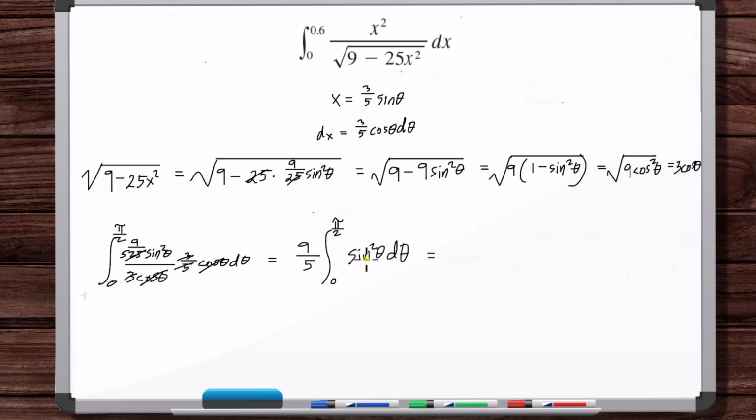Now we know how to solve if we have a sine by itself or a cosine by itself to any power. If the power is even, we use the half angle identity, I think they call it. So this is 1/2 times 1 minus cosine 2 theta.